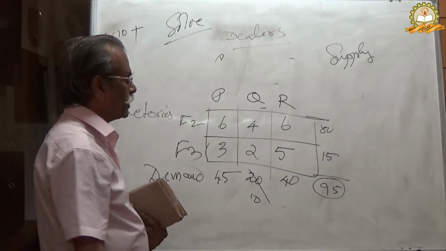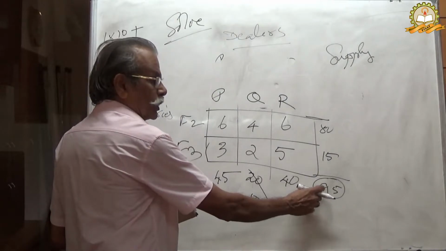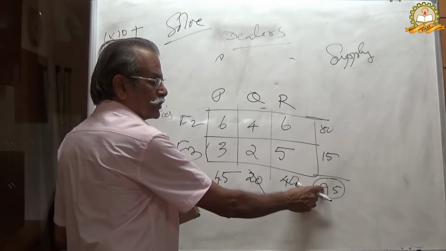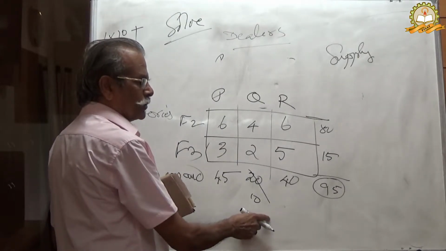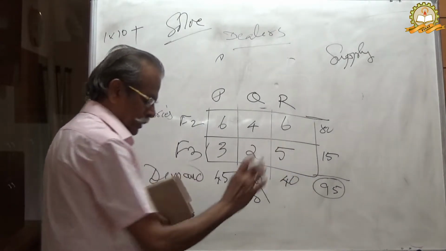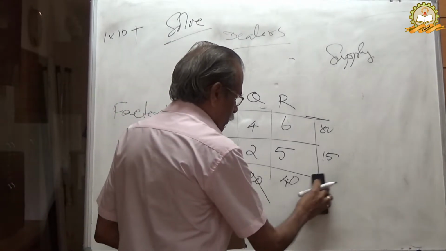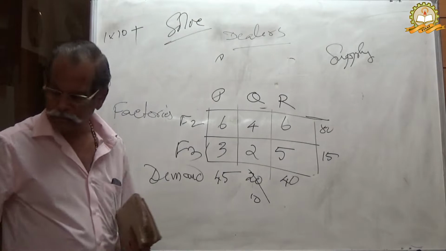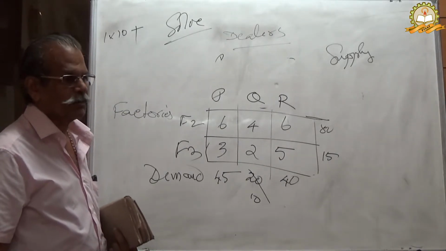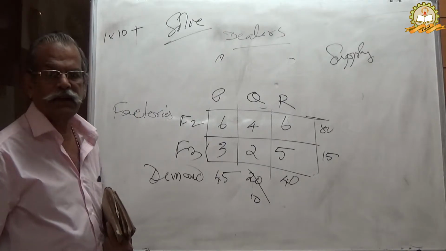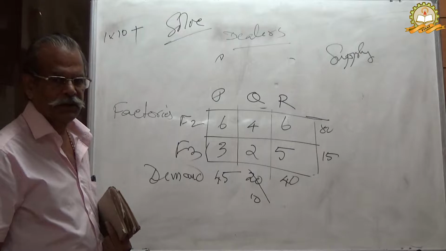Again, as done earlier, you find the total supply and total demand. Total supply equals demand equals 95. Therefore, it is a balanced question. Then, next step as done earlier, find the penalty.